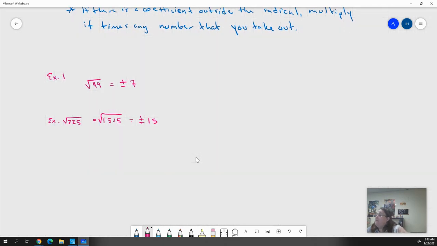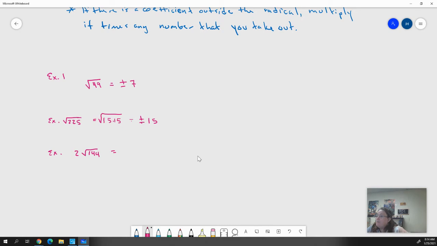What if I have 2 times the square root of 144? Well, we know that 144 is still a perfect square, right? So we can still pull it out the same way.